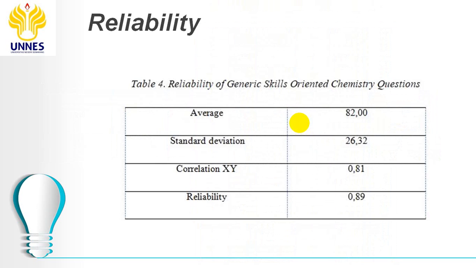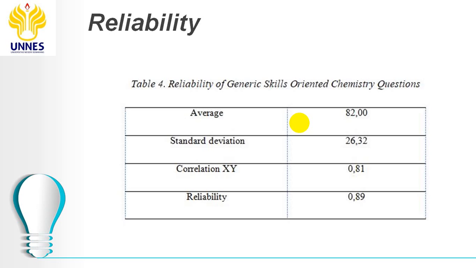Okay, next. Reliability. The result of the analysis of the chemistry items oriented to scientific skill using ANATES software on the reliability aspect is 0.89.